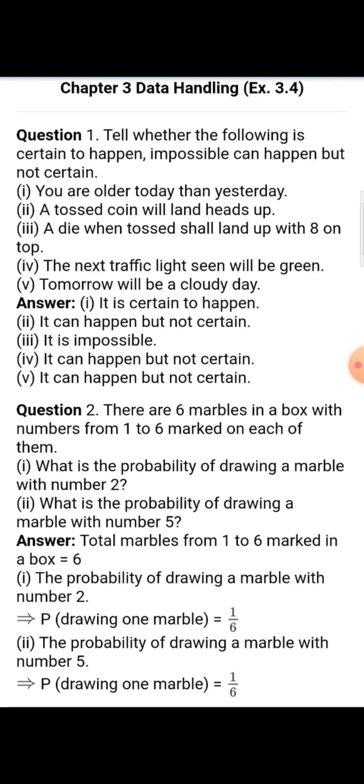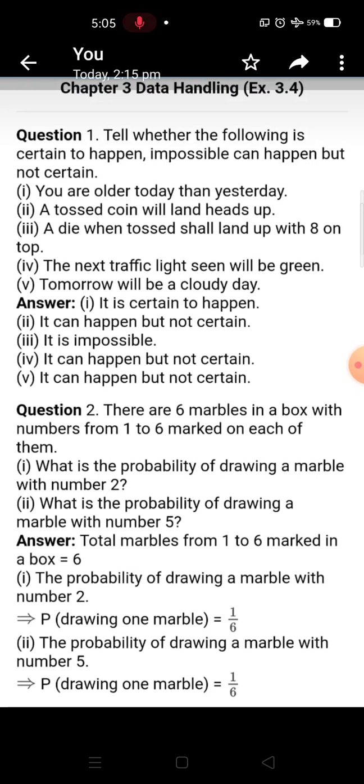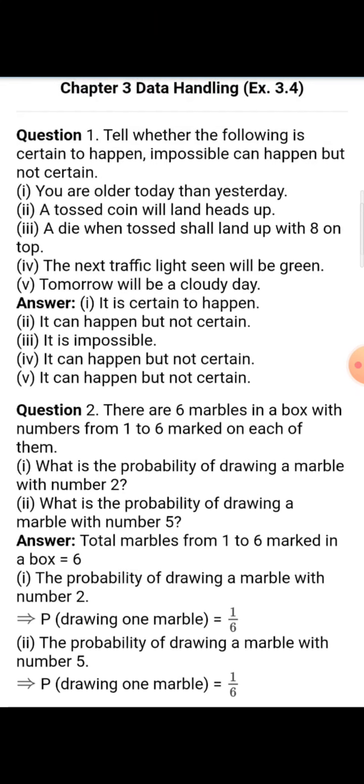Now question number 2. There are 6 marbles in a box with numbers from 1 to 6 marked on each of them.